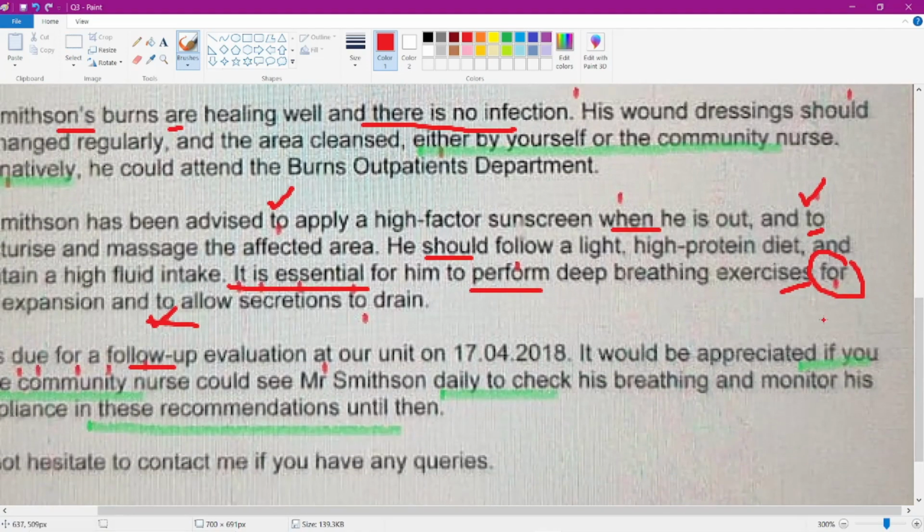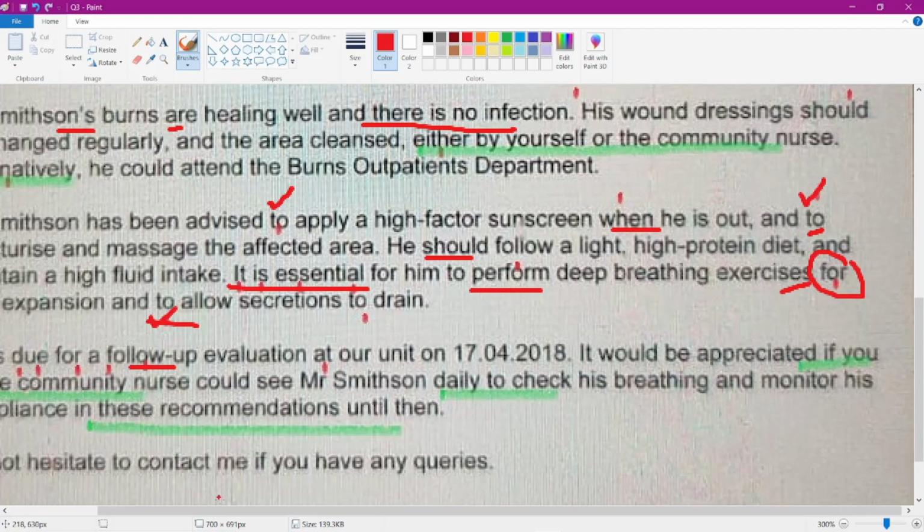Why I am stressing this is that when you are writing, you might get shocked because several names have been written in the bracket. There are several ways in which you can expand that bracket. It could be if you or the community nurse could see.